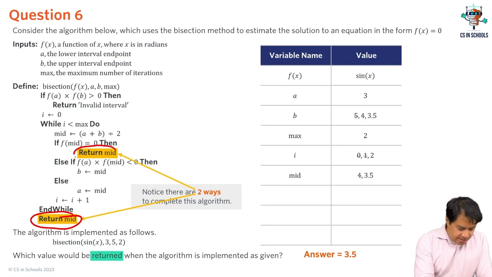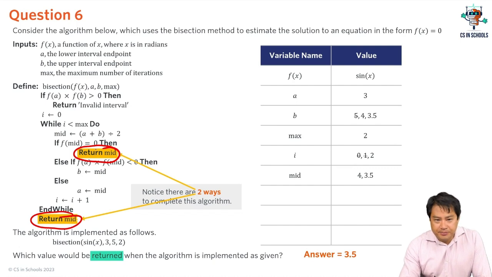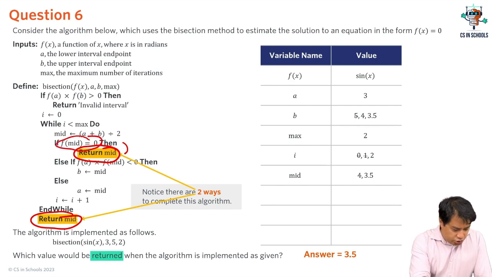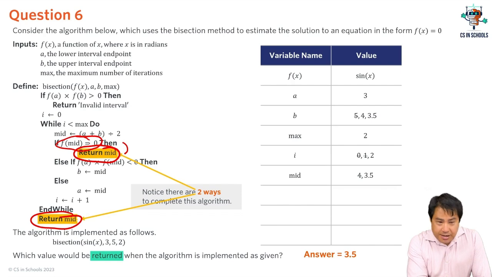But you'll see that there's another return up here. So if you look at this situation, you can see that this return gets triggered if this statement is true. So that statement is true only when f of mid is equal to 0. So in that case, what that's saying is we have arrived at an exact answer to that problem.